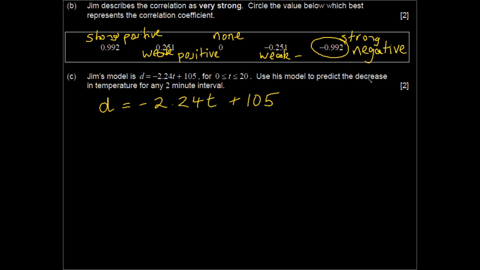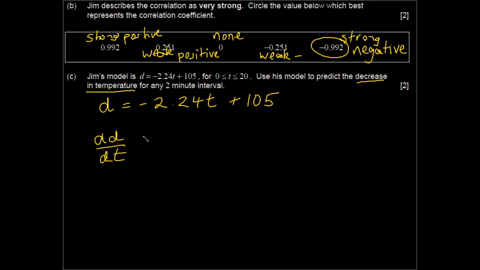What we're looking for, decrease in temperature, is going to be dD by dt, how the temperature changes with time, which means basically I'm going to differentiate this.